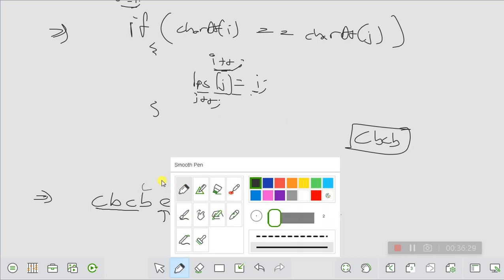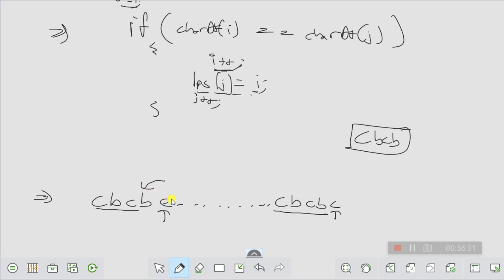And the intuition behind asking from this is I'm accepting the fact that I cannot have the longest prefix suffix till this index using this e, but this doesn't mean that I cannot have it using other prefixes as well, because here I'm going to ask from this 2, and this 2 says that till this string I have a longest prefix suffix of length 2, and even this is true. If I write cb then I can see that this and this are equal. So it is going to give me index 2.